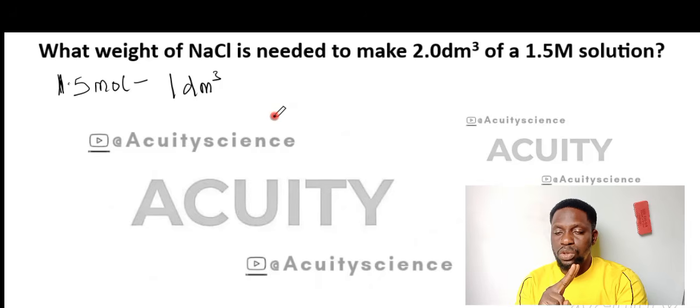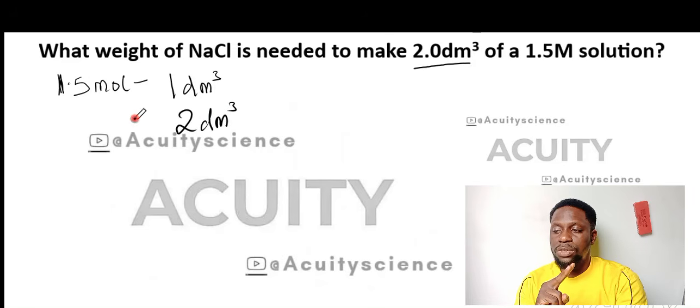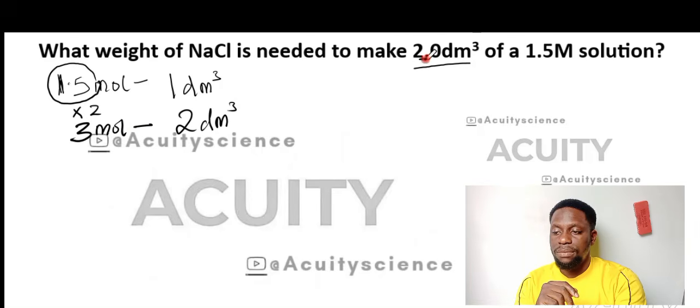So for 2 dm cube, like we need in our question here, for 2 dm cube, we need to multiply 1.5 times 2. That's 3. So we need 3 moles of this. All right, 3 moles is what we need.